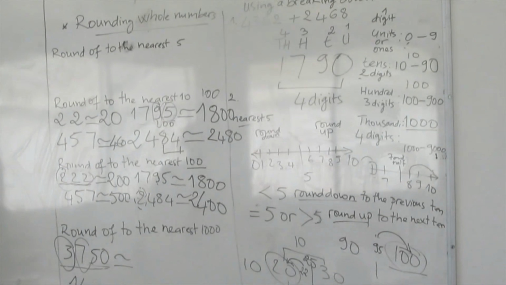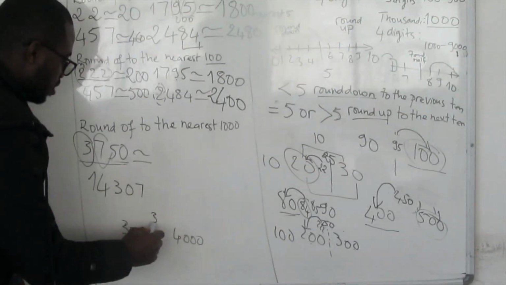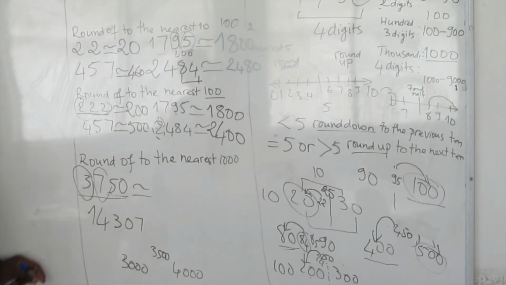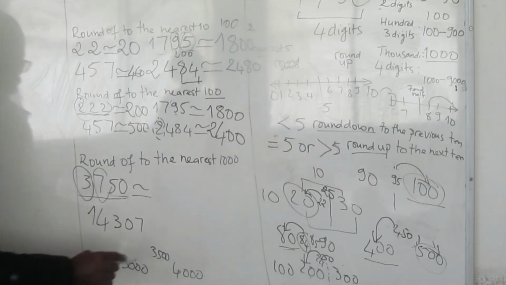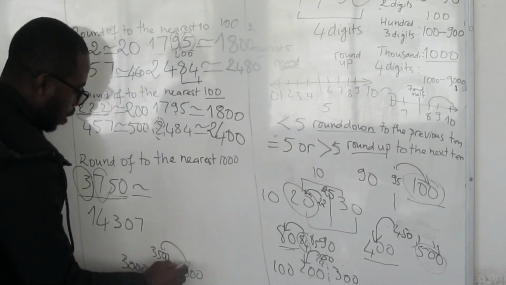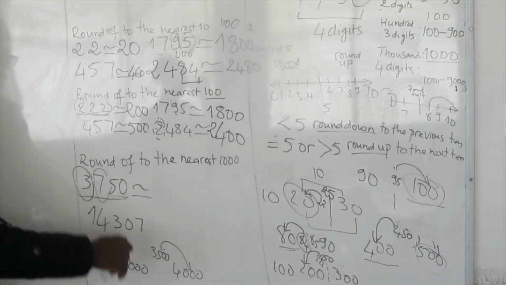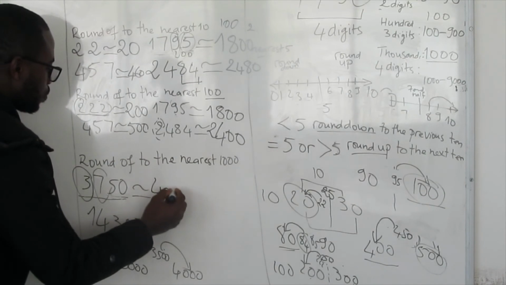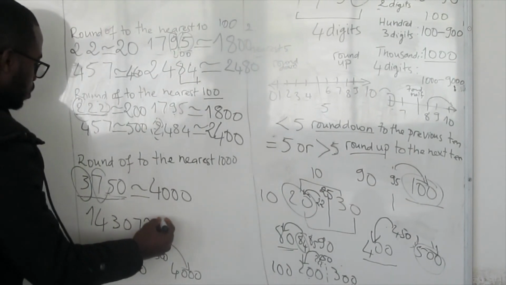Our middle, the half, is what? 3,500. Then our number is more than our middle. So we do what? Up to the next 1,000. The next 1,000 is what? 4,000. You understand now?